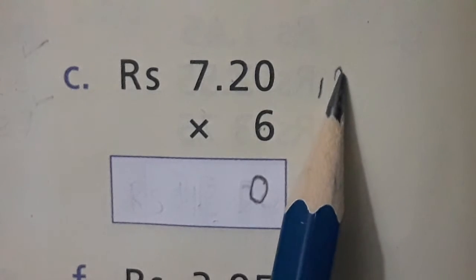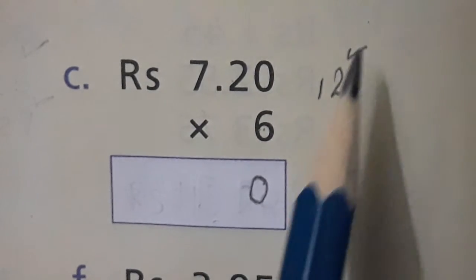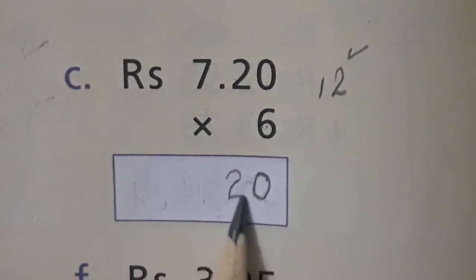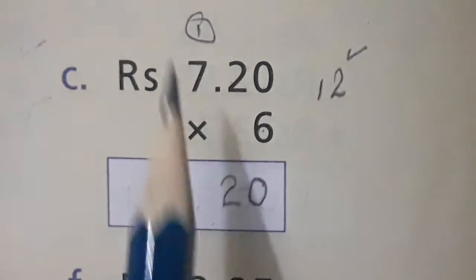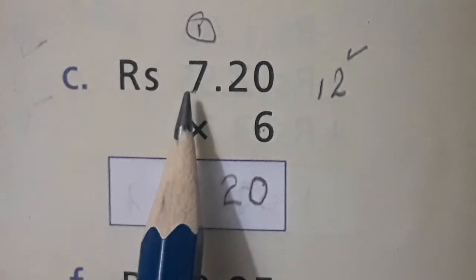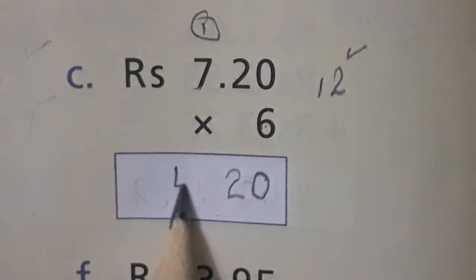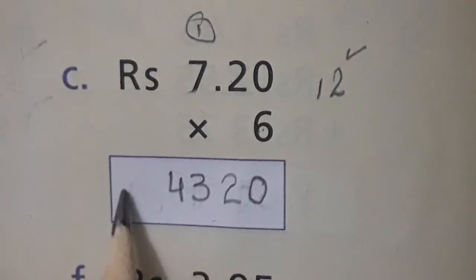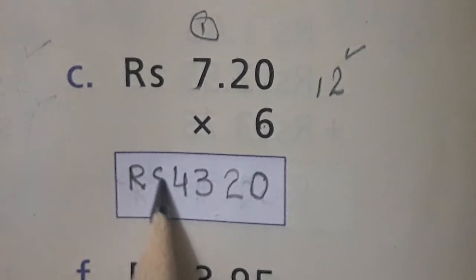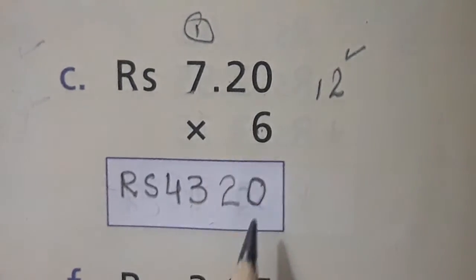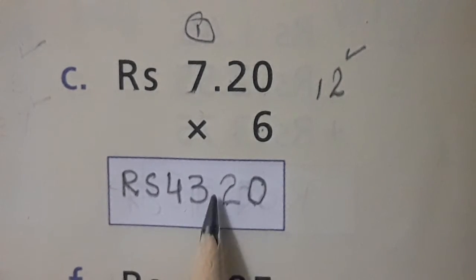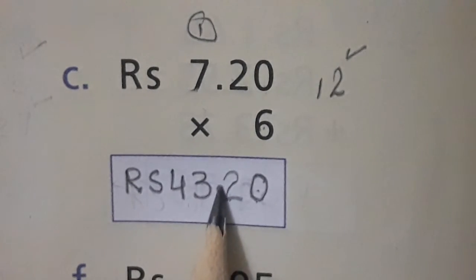Again, there are two digits, so we will choose the right digit 2 and 1 will move on to the next number. Now 6 sevens are 42. 42 and 1 is 43. Again, below rupees we will write the answer, and after two digits, 1, 2, we will put a point.